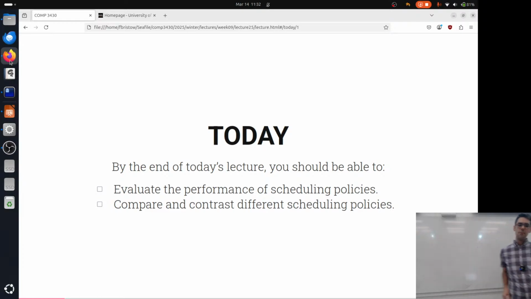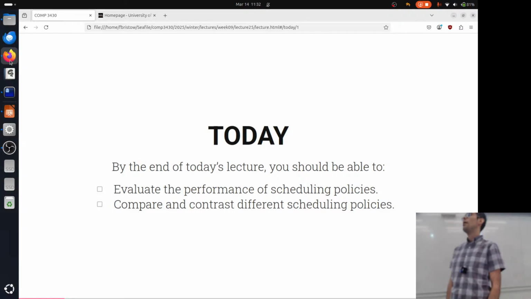Once we've been able to evaluate the performance of some of these scheduling policies on this specific workload, I want to start comparing and contrasting these different scheduling policies based on the workloads that we've got. Ultimately, different scheduling policies are going to be different in different circumstances. Some scheduling policies will work better for a specific workload, and other scheduling policies will work better for a different specific workload, and they may conflict with each other.